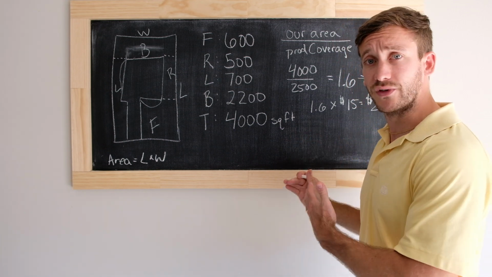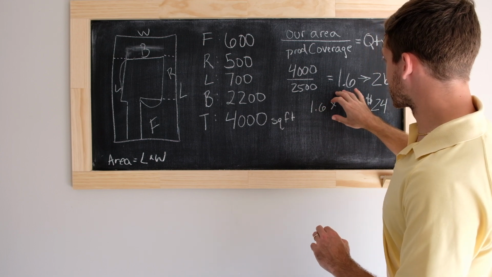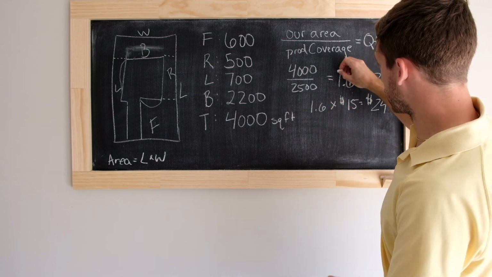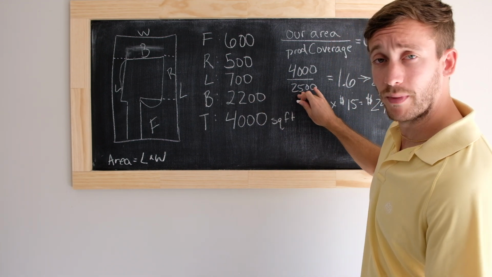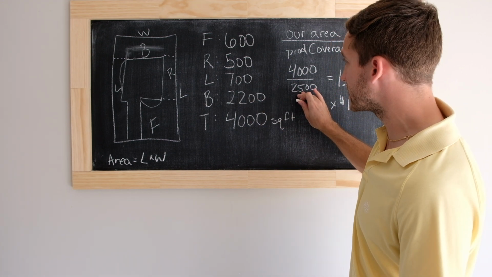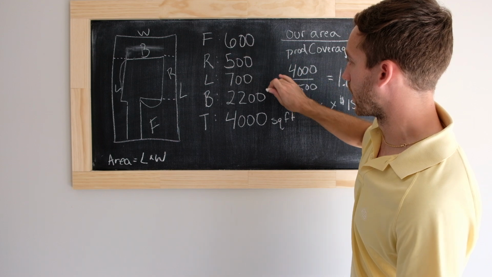Now, once you do that, the easiest thing is, okay, well now I know I need 1.6 bags, and I know that the whole bag covers 2,500 square feet, I can easily figure out where a bag would go.